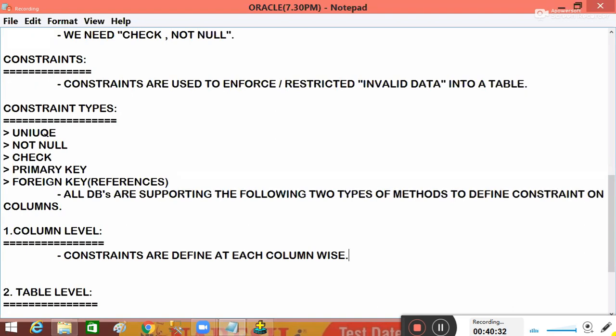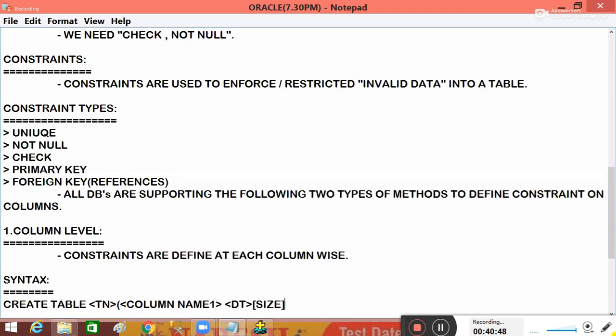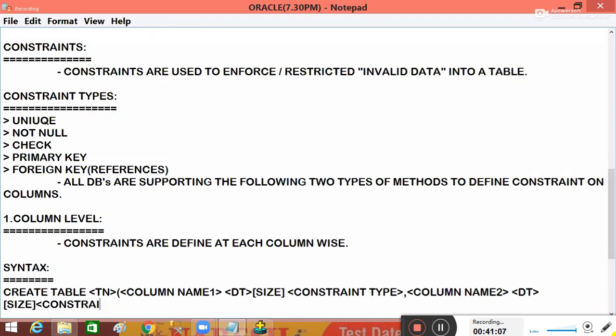Okay now the syntax. So what is the syntax here? Create table name, column name 1 and suitable data type size. After that you have to send your constraint type. One column, comma, column name 2, data type size, and here I want to apply again a constraint type.